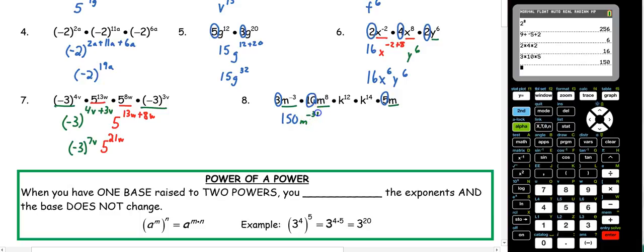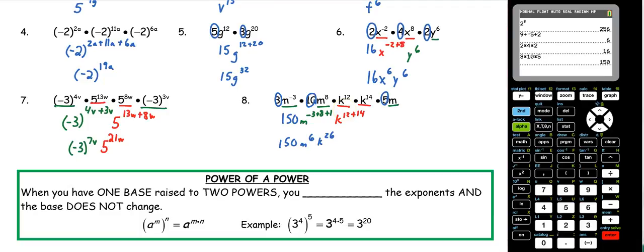So I get negative 3 plus 8 plus 1. And then I have k's to the 12th plus 14. So when I combine my exponents in this case, I get 150 m to the negative 3 plus 8 is 5, plus 1 is 6, and k to the 26th.